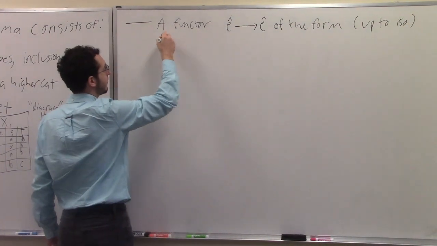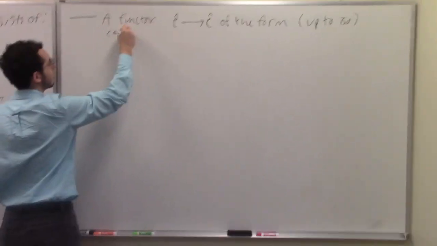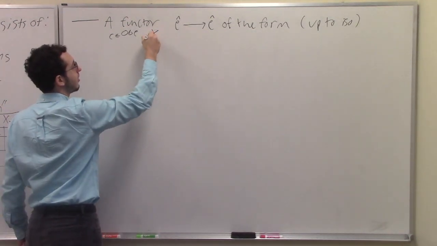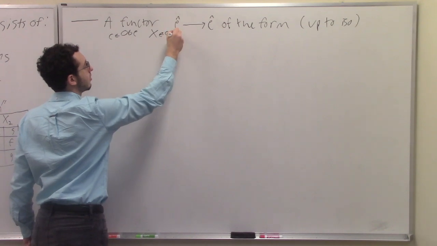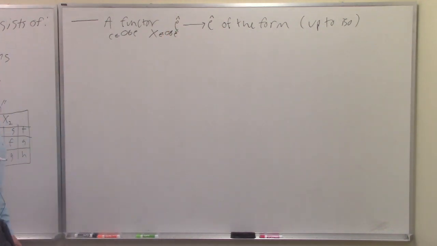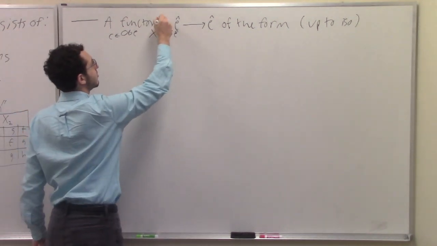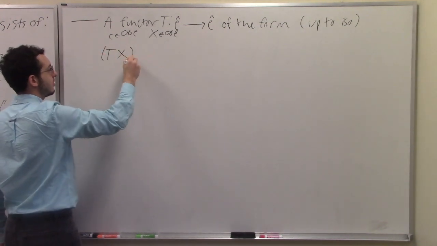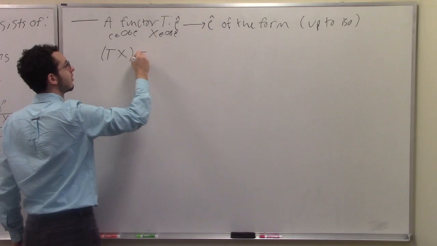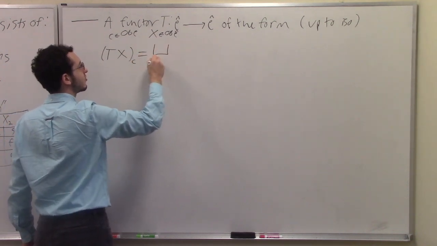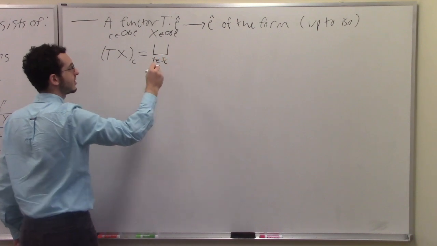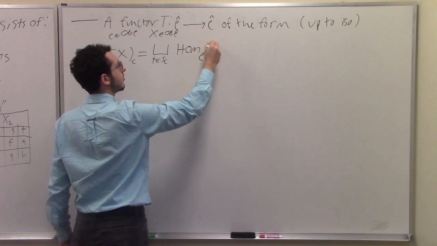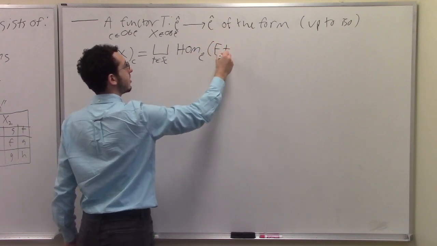So if we have C, an object in our cell shape category, so that's a particular cell shape, and X is a diagram over C, then this functor, which I'm going to call T, needs to have the property that TX of C is a disjoint union indexed by some set S_C of representables, represented by some diagram E_t.